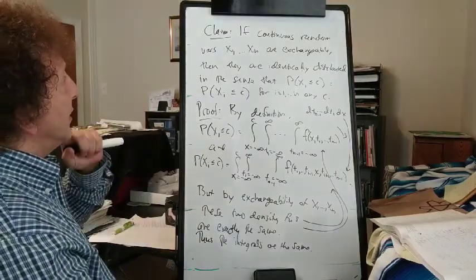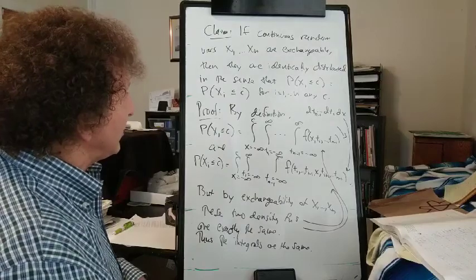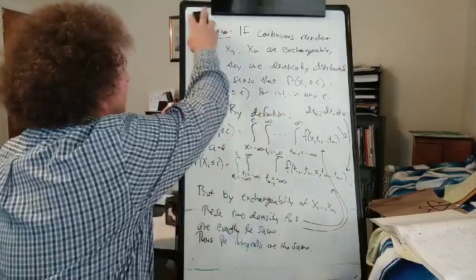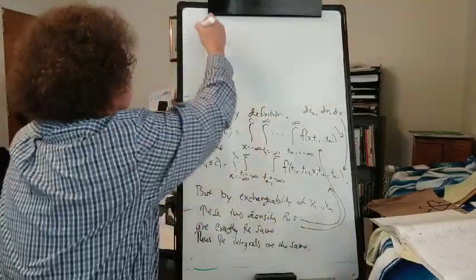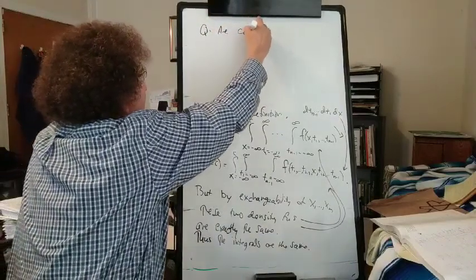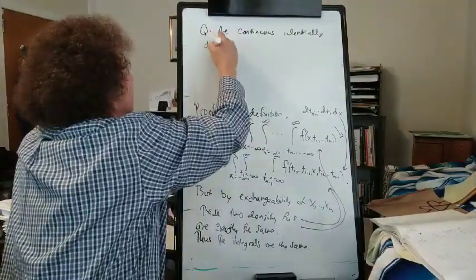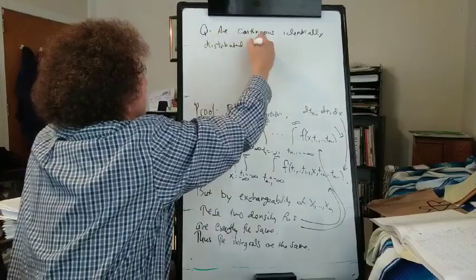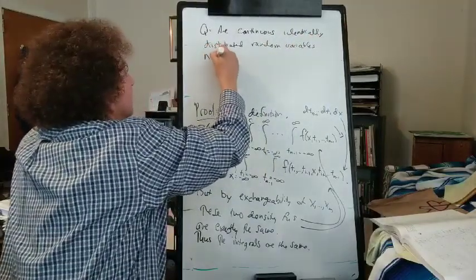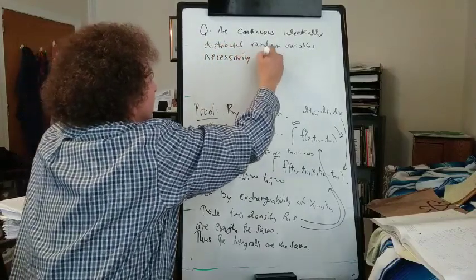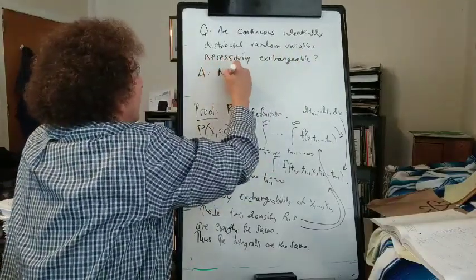Alright, so since continuous exchangeable random variables are identically distributed, it's natural to ask, are continuous identically distributed random variables necessarily exchangeable? And the answer is no, they're not.